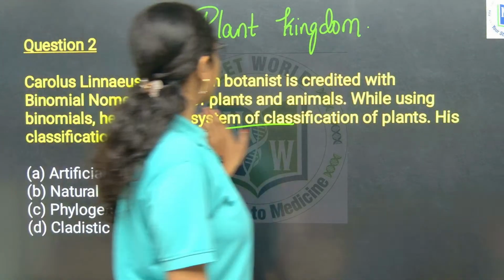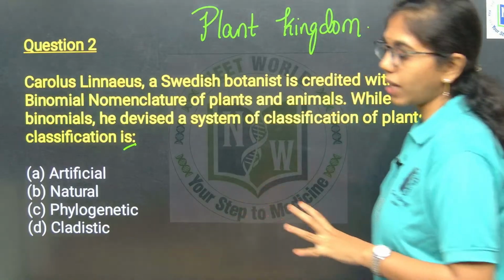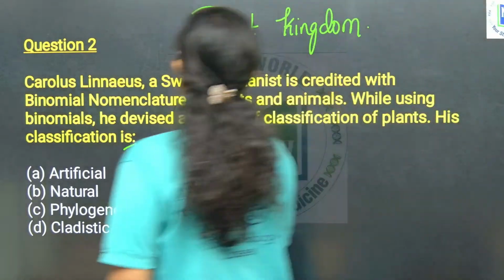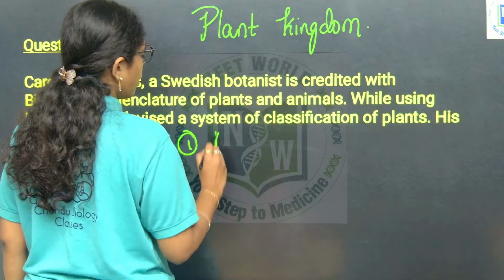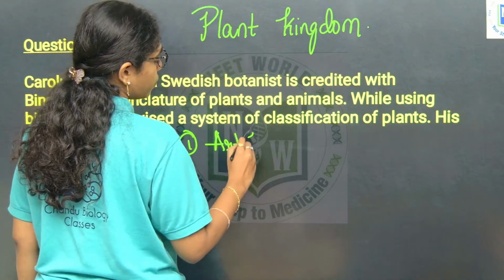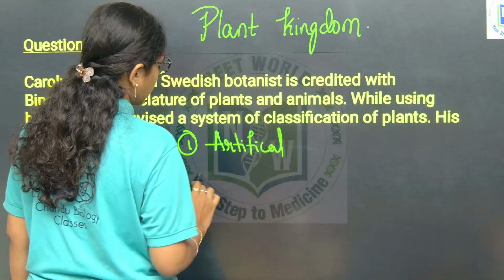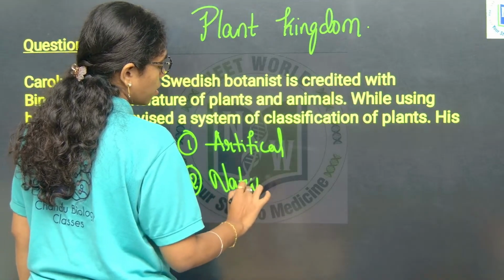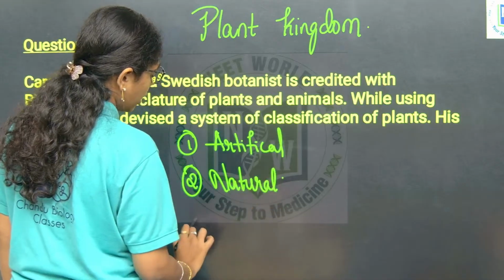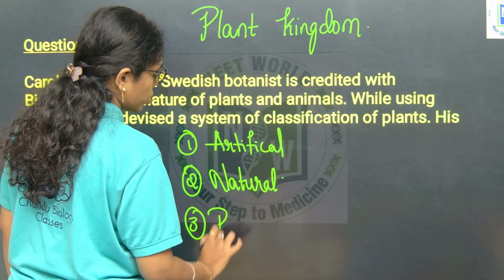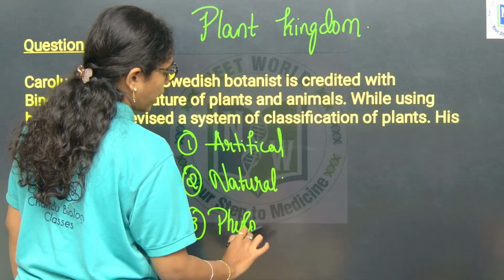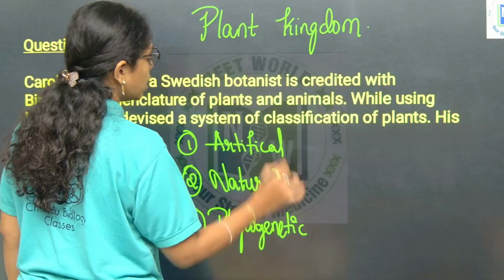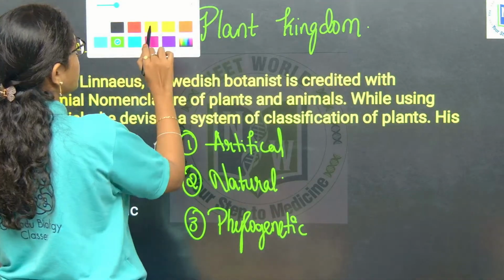So in the plant kingdom, we have three systems of classification. Those include the artificial system of classification, the natural system of classification, and the phylogenetic system of classification. First, you see the artificial system of classification.